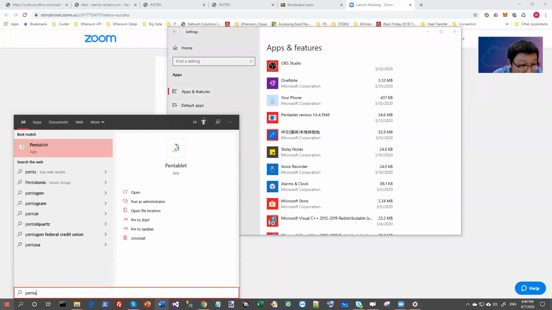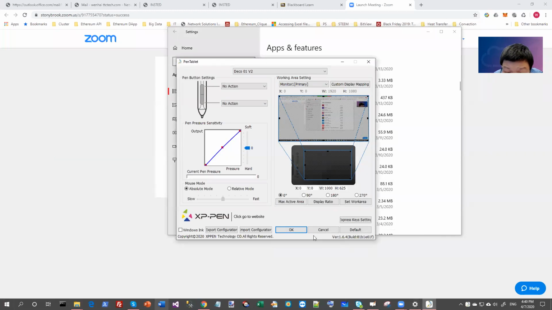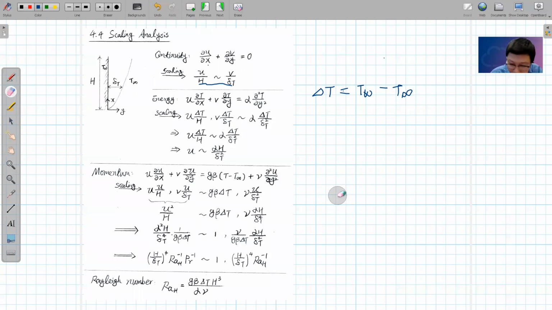So open tablet is this one. Let me see if this looks better now. Okay, now I should be able to write it.